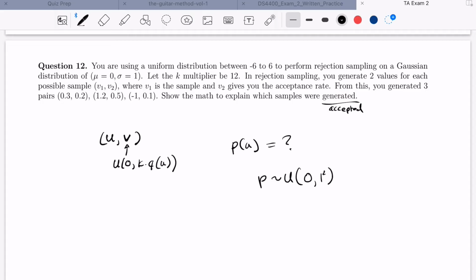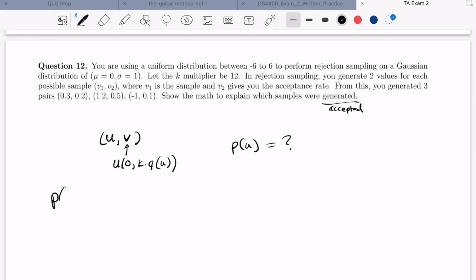However, if you remember the Gaussian distribution, calculating a P of some sample is going to be a pain. So on the real test, we're going to give you the P of U's. We're not going to ask you to calculate them. So I'm going to write those out real quick.